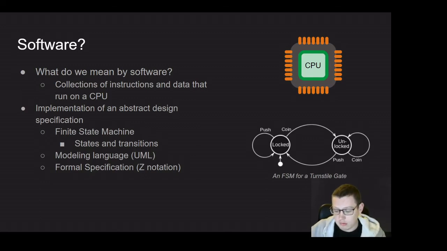And if you want to go really specific and be as precise as possible, you can formally specify what your system does in a language like Z notation, where you use mathematical symbols and set theory to define exactly what the system should be allowed to do and what it shouldn't be allowed to do.